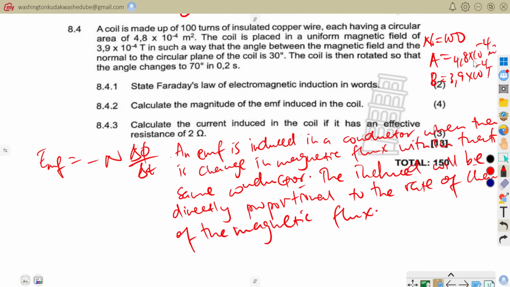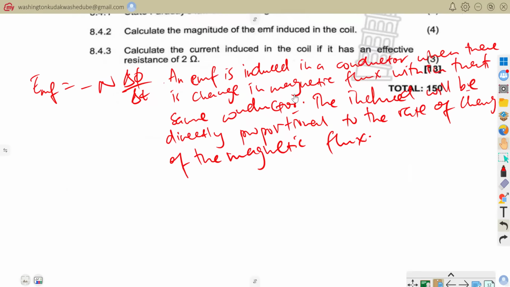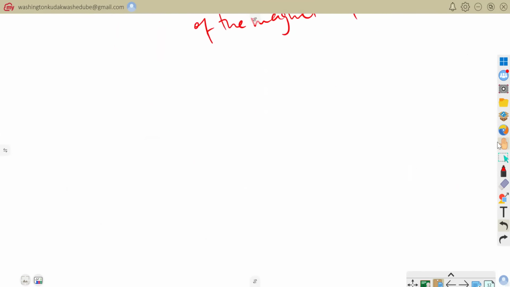And now the angle is the one that is changing from 30 to 70 in 0.2 seconds. So allow me to take that information to say what we want to do is calculate the induced EMF with that equation.